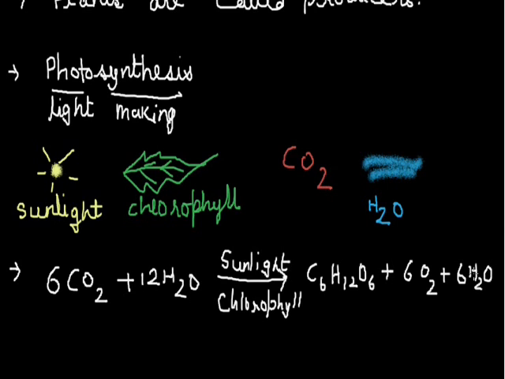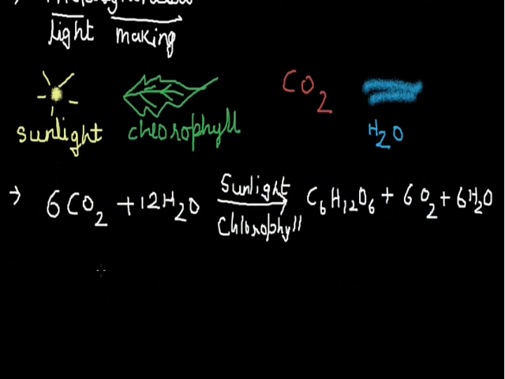So this equation represents photosynthesis, and as we can see from this, the basic requirements are sunlight and chlorophyll.